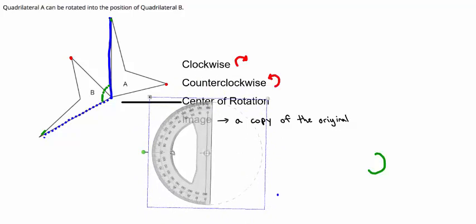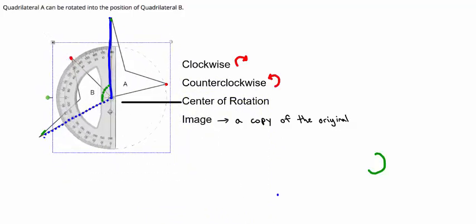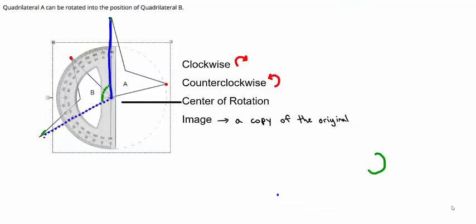So I'm going to put my protractor, I'm going to put my little target on the center of rotation, and we can see that this line lines up with 0. Okay, so if I look at this original line, this blue line, it's at 0.